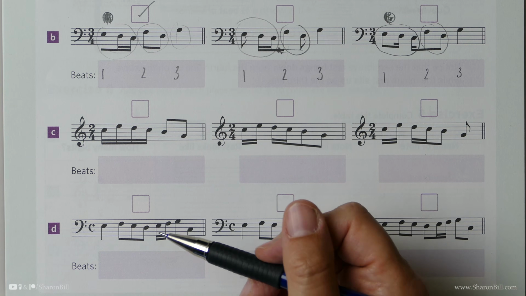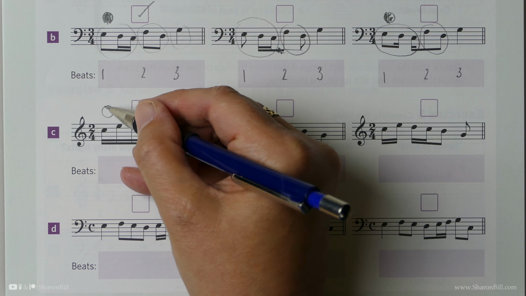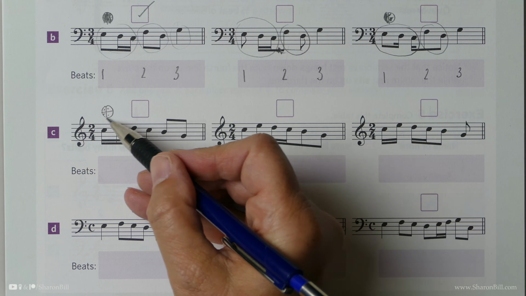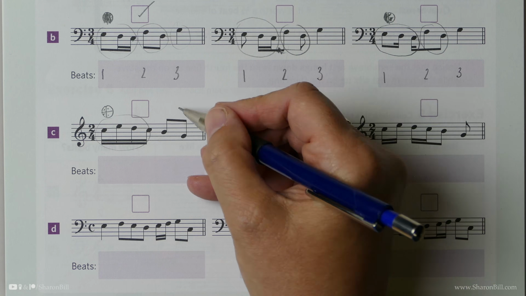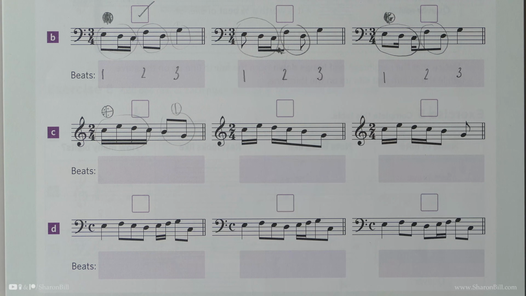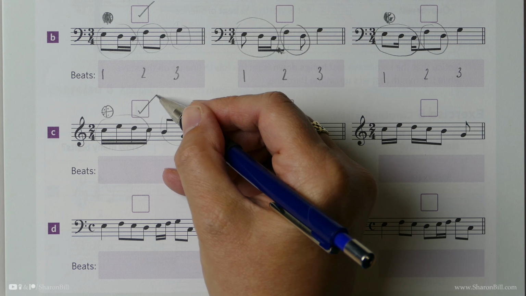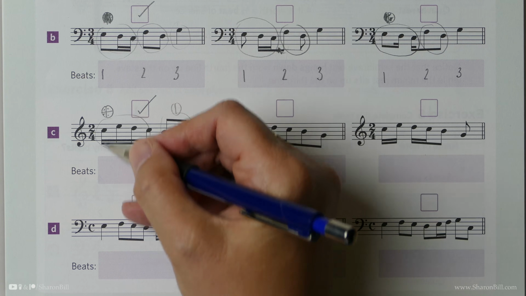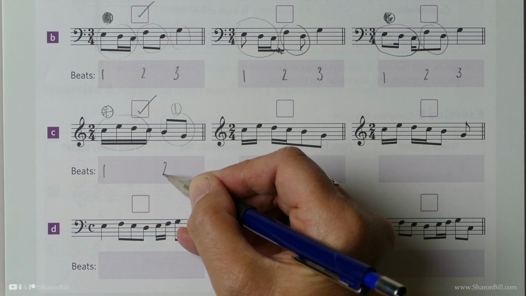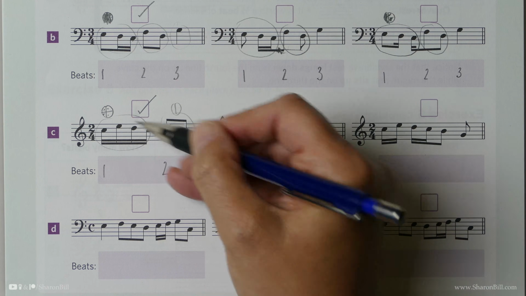So let's try exercise C. So we know, if I just diagram it out, we know that 4 quarters makes a whole. So there's beat 1. And then a half and a half makes a beat. So there's beat 2. So hey presto, the first one is correct. That's beamed correctly. And so now we can easily show there's beat 1. There's beat 2. That's all the beats properly accounted for, properly grouped.